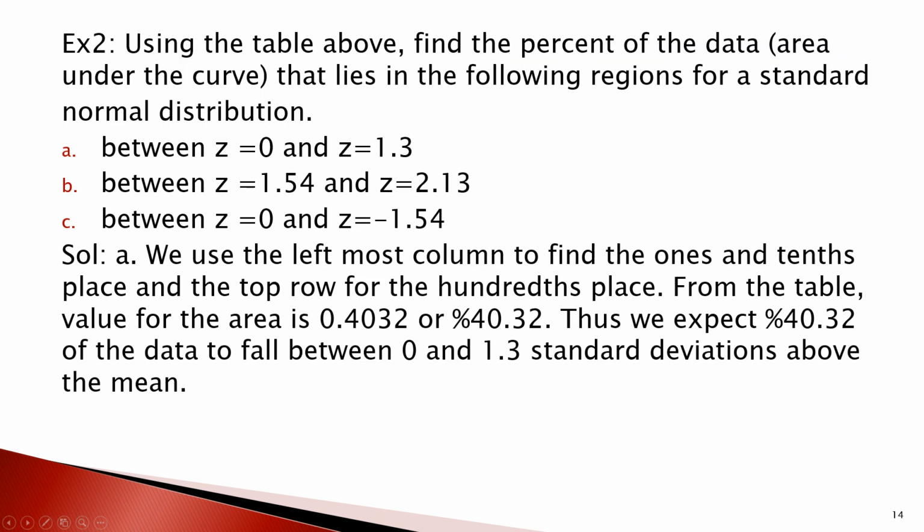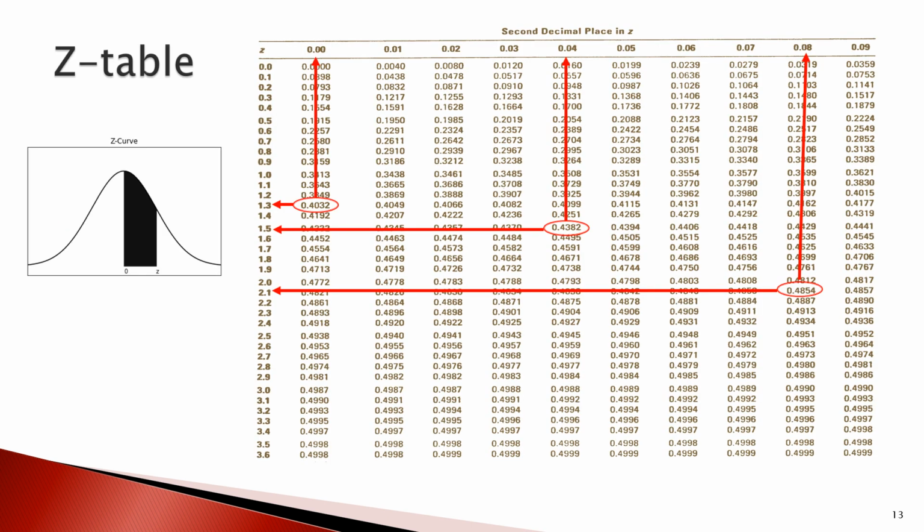First of all, I will find the area from 0 to 2.18, something like this. And then I will find the area from 0 to 1.54, and that section is going to be here. And I will look at their difference.